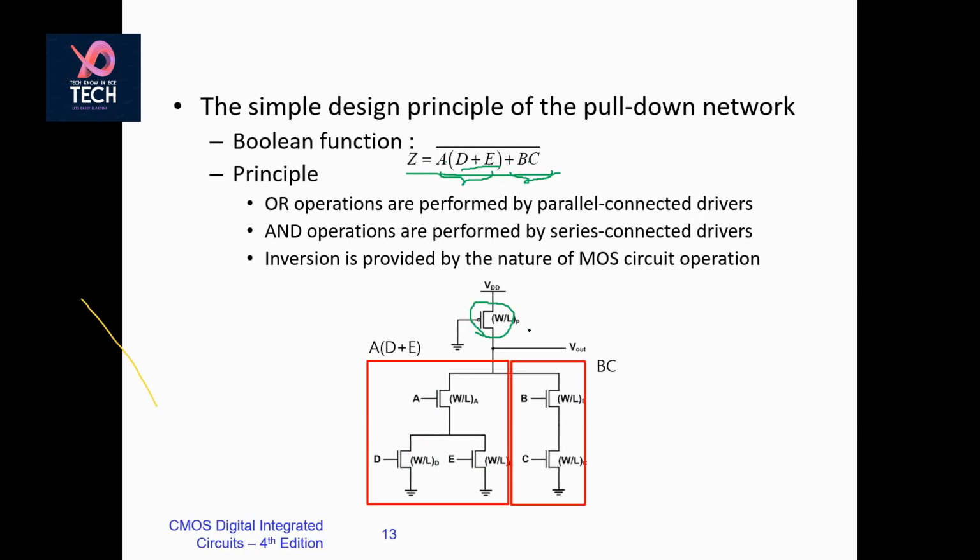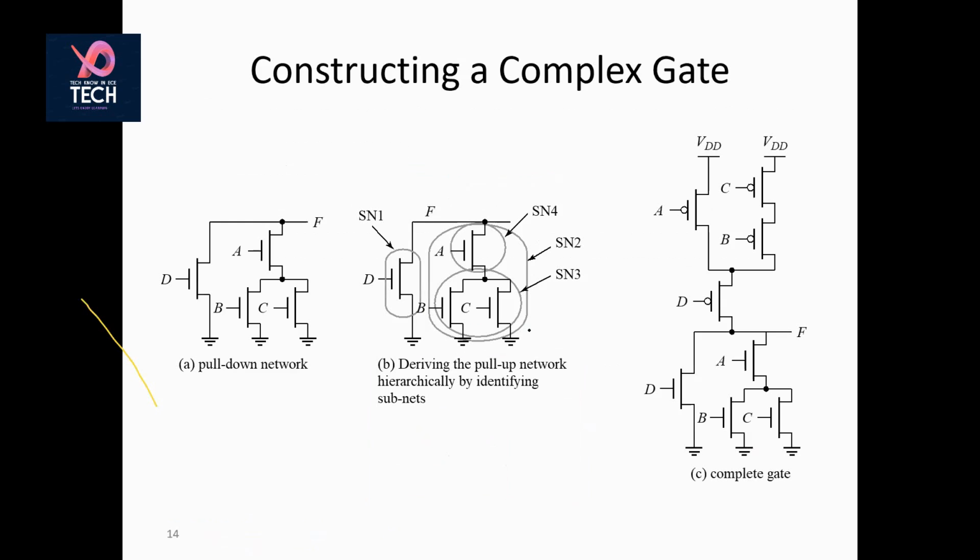Now, the next thing we will be discussing is pull up network. So, the entire thing is going to be exact replica. So, this is your pull down network. Okay, A, B, C, like this. So, we are actually changing the things, and your entire thing is being reduced to this here.